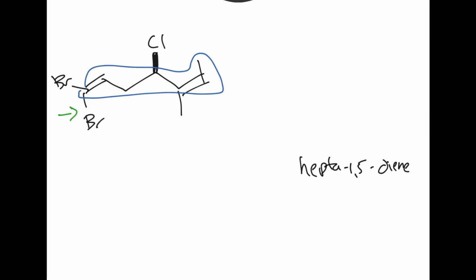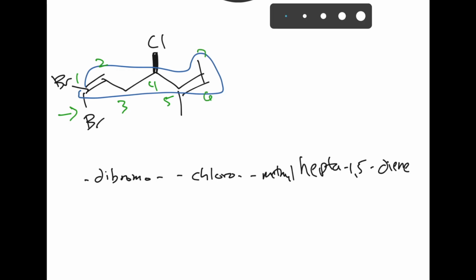And then what are my other substituents? Dibromo, chloro, methyl. Numbers are going to be 1, 2, 3, 4, 5, 6, 7. Right, so it's going to be 1, 1, 4, 5.